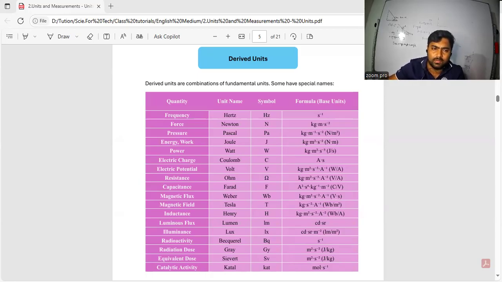Actually, you do not have to study these units by heart. When you are doing calculations and dealing with these units, they will be retained in your mind. No need to do parroting. Do you know the meaning of parroting?